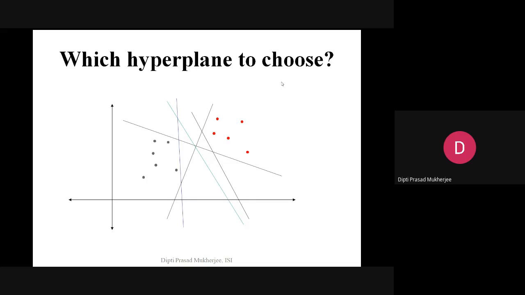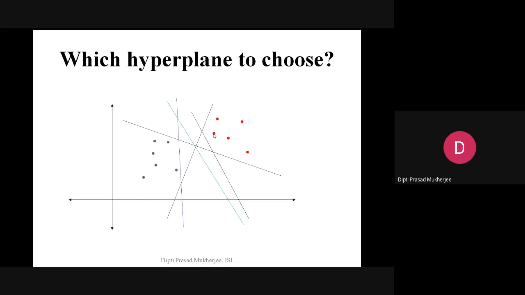So the immediate question comes, I could actually draw multiple such hyperplanes. So is there any way to find out the best hyperplane out of them? Yes, sir. To see the maximum margin between the two classes. Right, absolutely correct. But it's not only maximum margin, we also have to see minimum misclassification, right? In my examples here, I can clearly see that the classes are well separated, which may not be the case in real life.